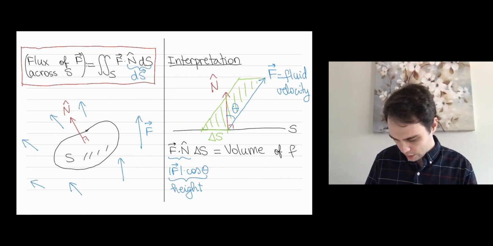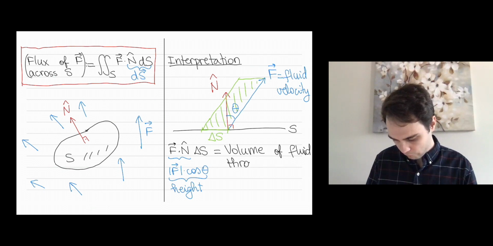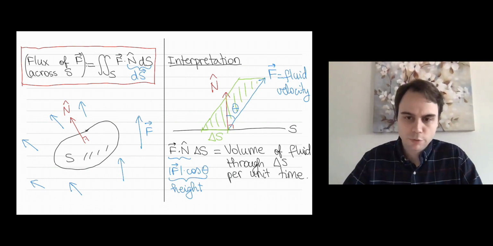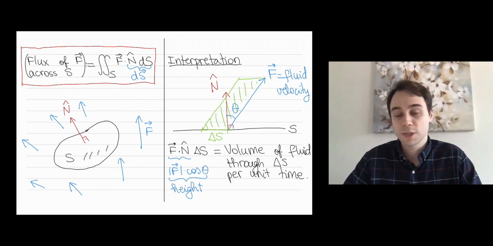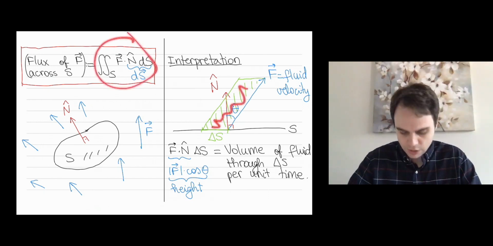A fluid through this little piece of surface, so through delta S per unit time, in 1 unit of time. Right, so you could say it's going to be some number of cubic feet per second. That's an amount. So this integral is going to give you a number.